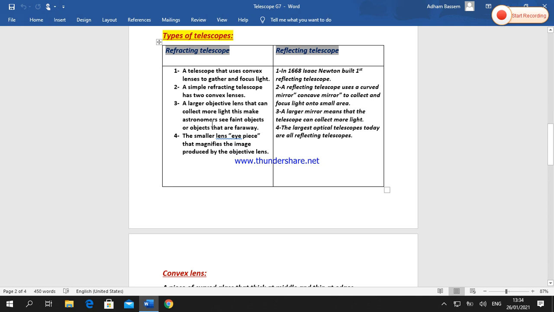And this makes astronomers see faint objects and objects that are far away. At the end of the tube of refracting telescope, there is a smaller lens known as eyepiece lens. Eyepiece lens magnifies the image produced by objective lens.